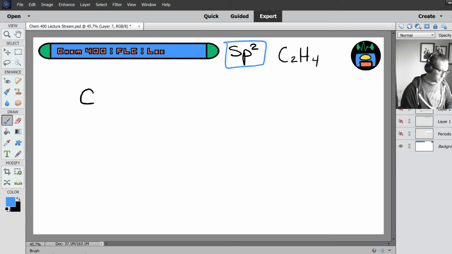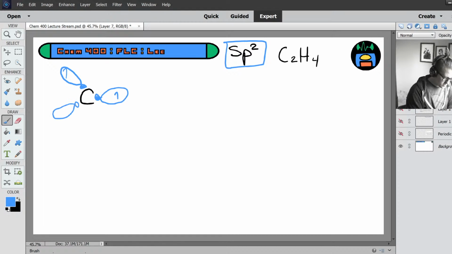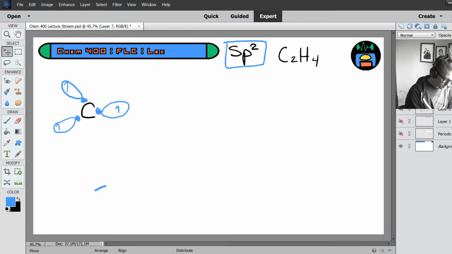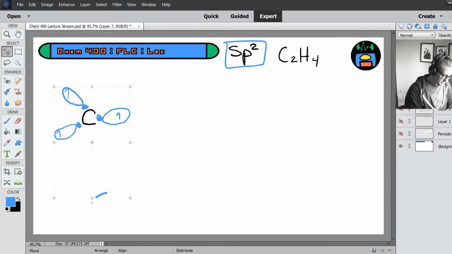Our sp2 hybrid orbitals, each with 1 electron. There's 1 electron up in there. Then we have our third sp2 hybrid orbital. I'm actually going to scoot this down just a tad.